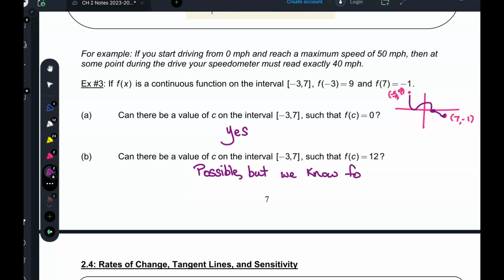I should have phrased it, must there be a value, instead of can. So it's possible, but we cannot know for sure. I think I said it, but I didn't write it down.